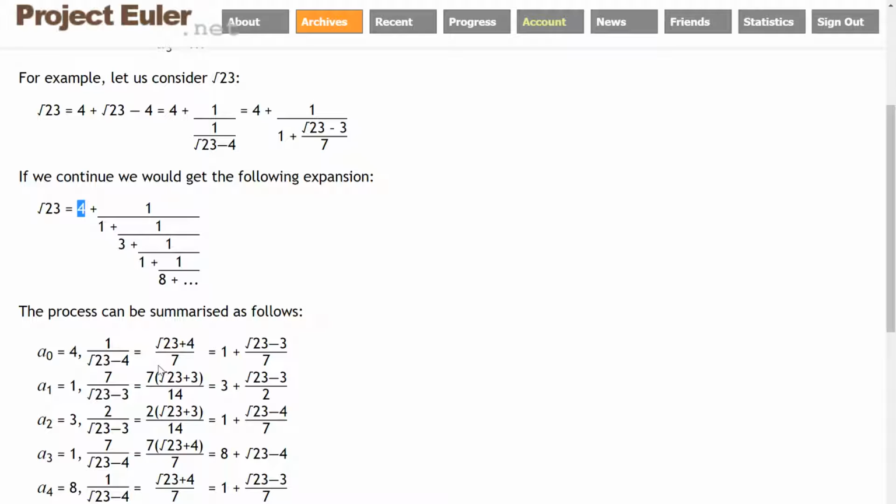okay, so square root, no. So you pulled the 4. No. Plus 4.